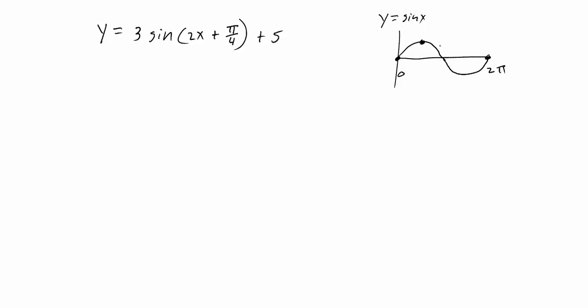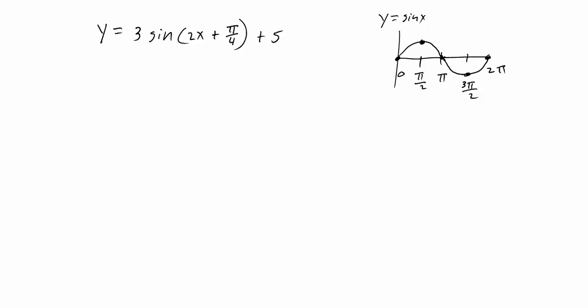If you remember from one video, we have these 5 key points, and for the standard y equals sine x, this would be 0, pi over 2, pi, 3 pi over 2, and then we would end up at 2 pi.